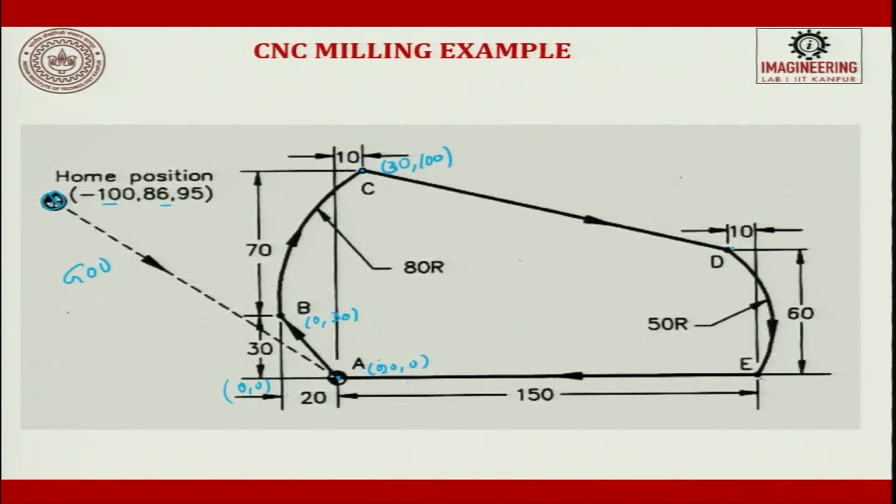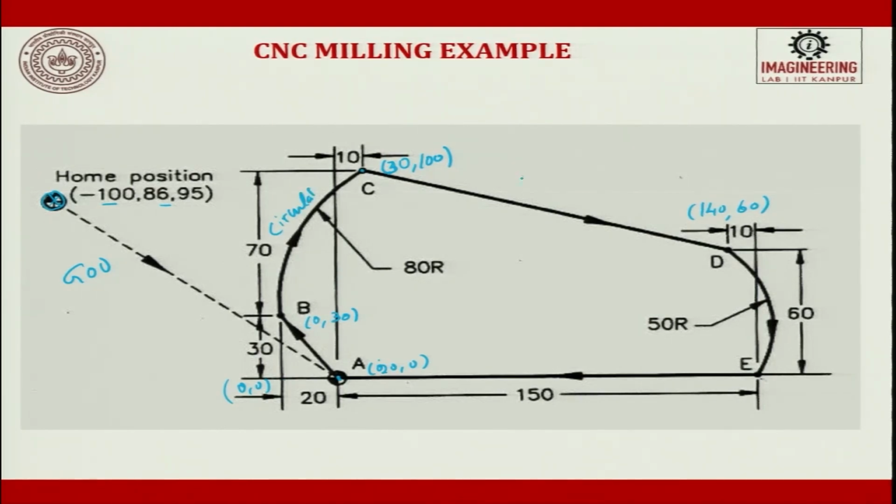So, D is going to be 150, and from 150 we are going to go up to here. So, this point E is 150 minus 10, it is going to be x axis 140, and this is going to be 60, so comma 60. From here we will go here. From here to here you have to use a circular interpolation.